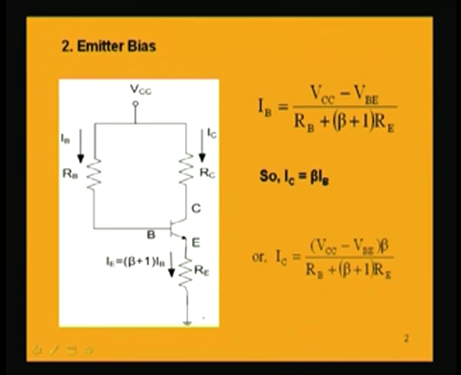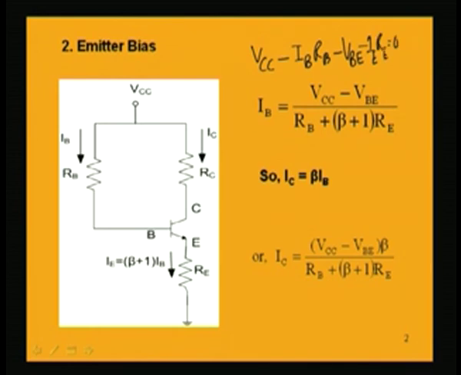So, in this scheme, if we now find out the base current IB, applying Kirchhoff's voltage law in the loop from VCC, if we travel to ground through the base, then we get VCC minus IB RB minus, of course, the base to emitter voltage drop VBE, we cannot forget that, minus this drop IE RE equal to 0.